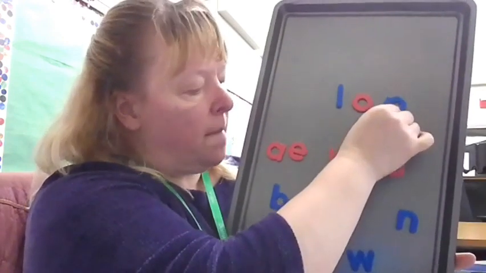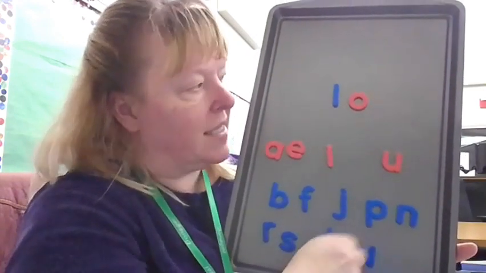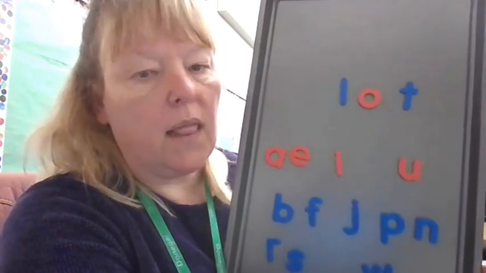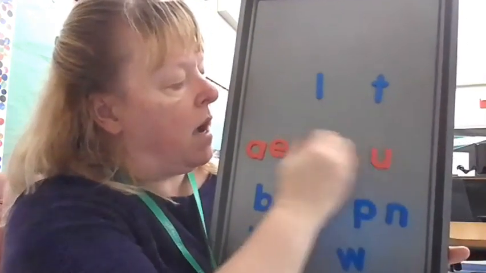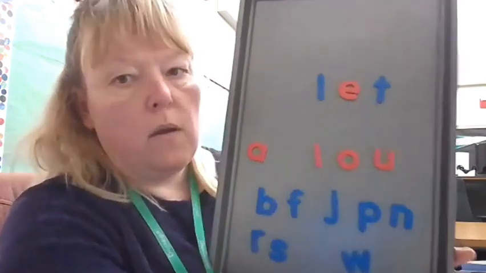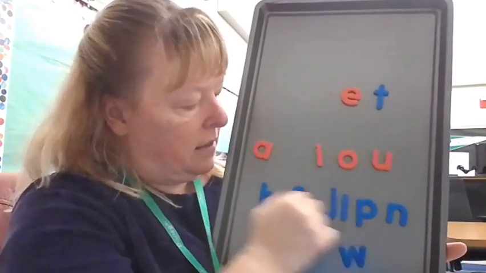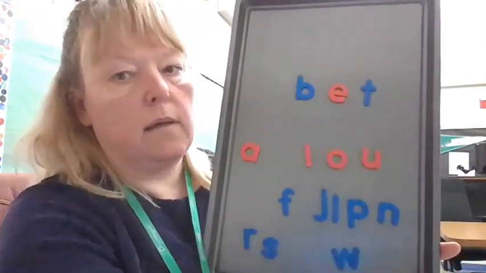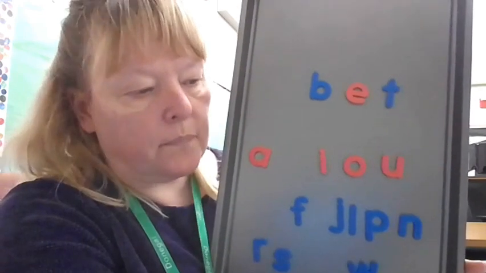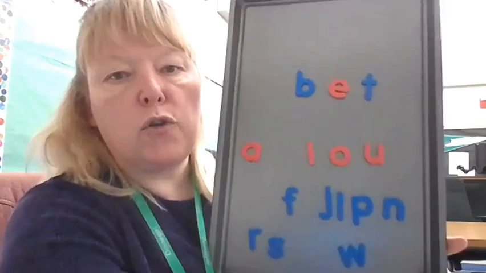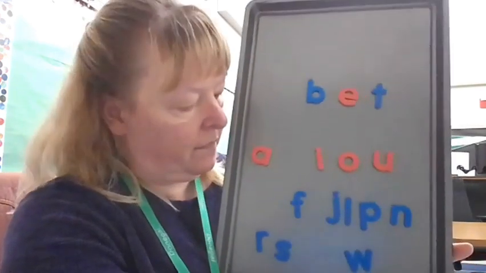Excellent. Change the P to a T. What's my word? Lot. Change the O to an E. What's my word? Let. Change L to B. What's my word? Bet. Change bet into best.